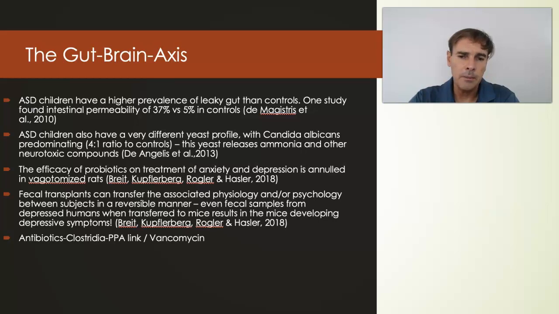You know, we have many, many strains of bacteria, like thousands of strains of bacteria, and actually viruses within our system, both in our gut and on our skin, and they play a role in mediating immune function. They confer various benefits in protecting us from other pathogenic organisms. But when you have a lot of yeast, it may be releasing excessive amounts of ammonia, which is like a neurotoxin, and other compounds.